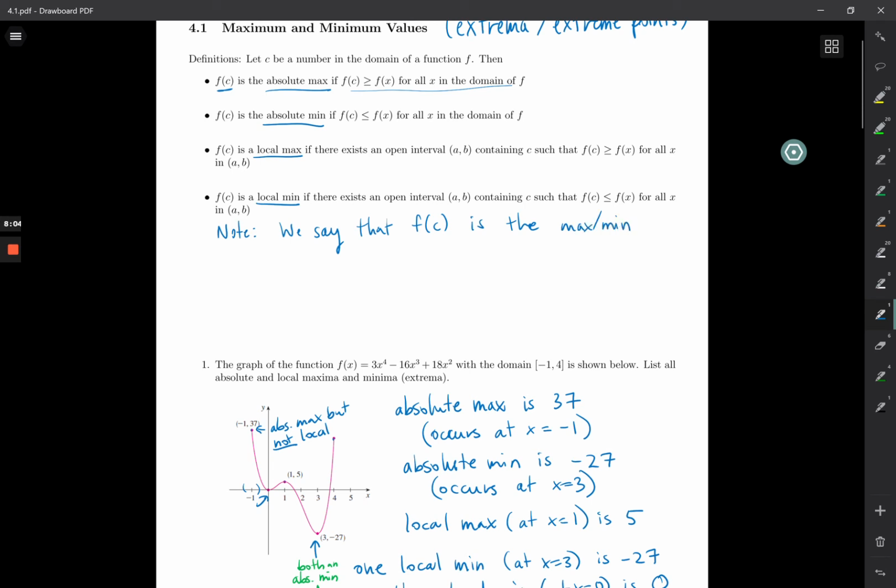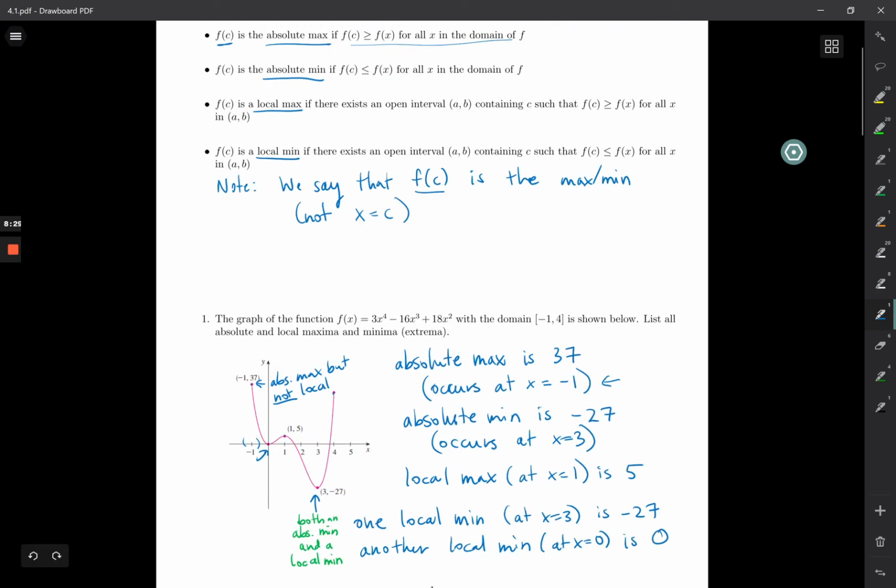Not the x value, we use the y value. Let's write x equals c to make it more clear. But we can say that that max or min occurs at x equals c, right? So that's what we're writing down here in our example.